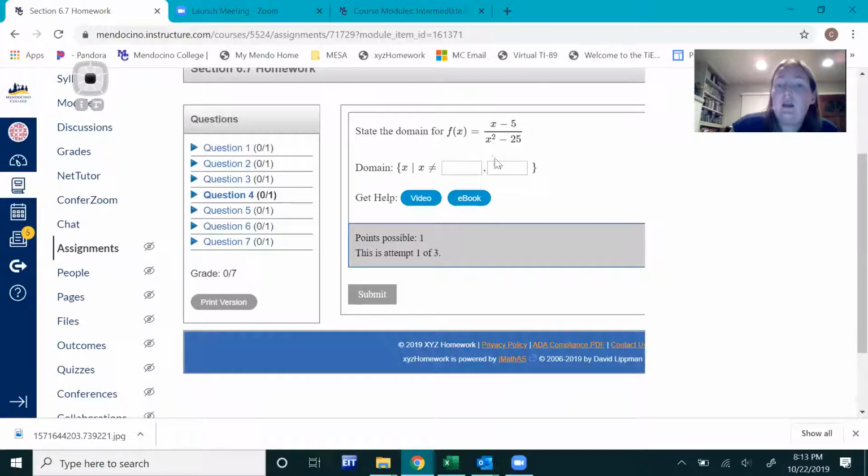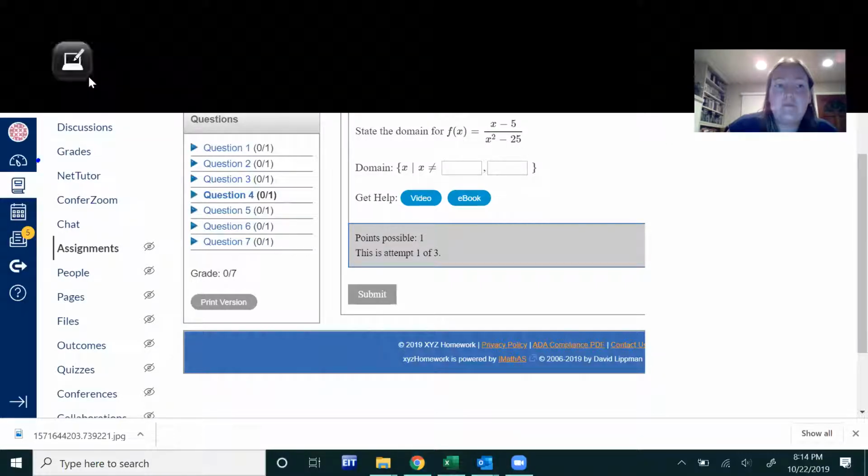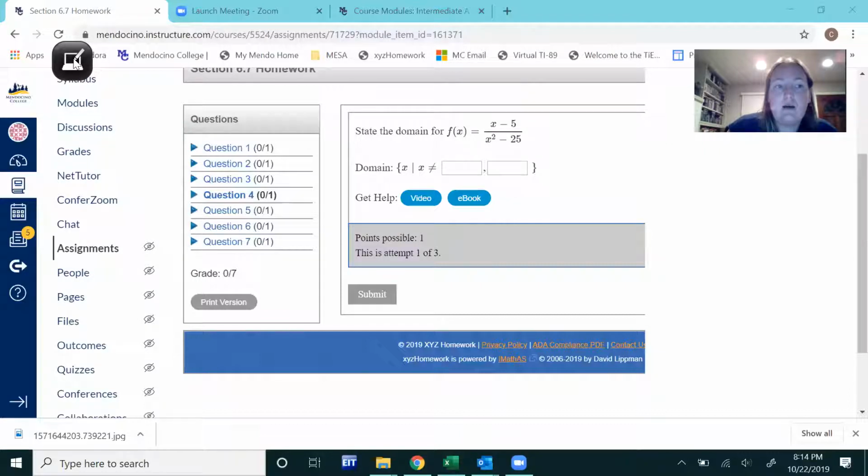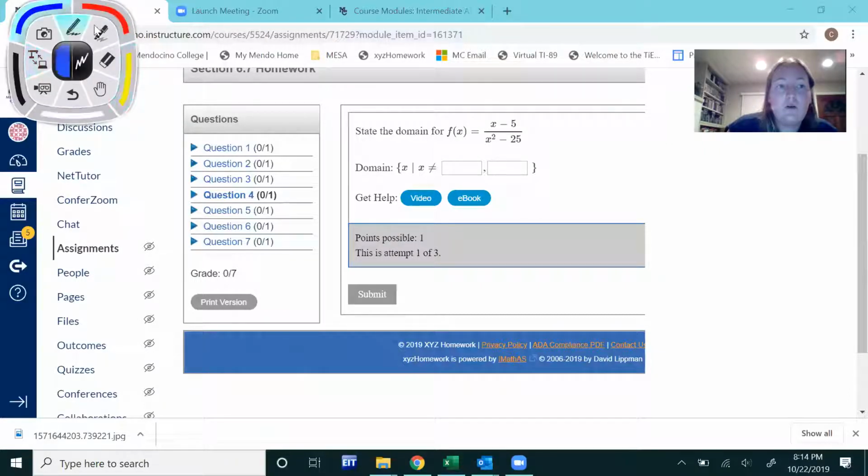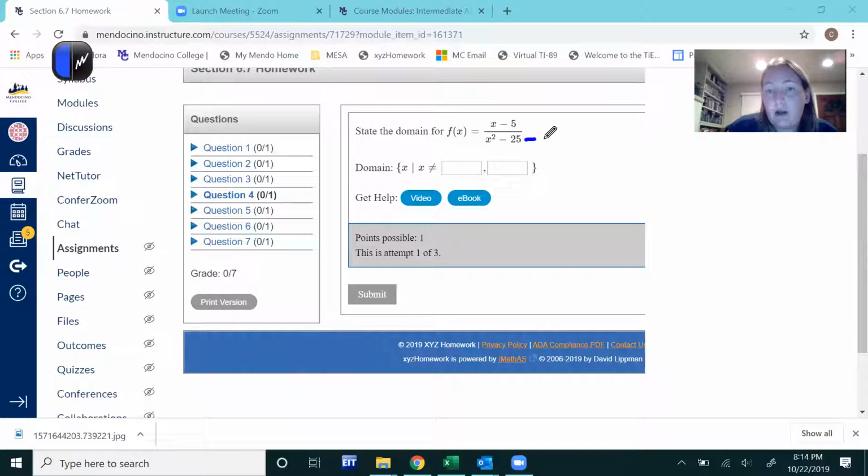All right, so then here, what makes this denominator 0? Well, this is a difference of squares, so it's x plus 5 times x minus 5. So what would make that work is the zero product property. Let me see about using the other pen, this pen.